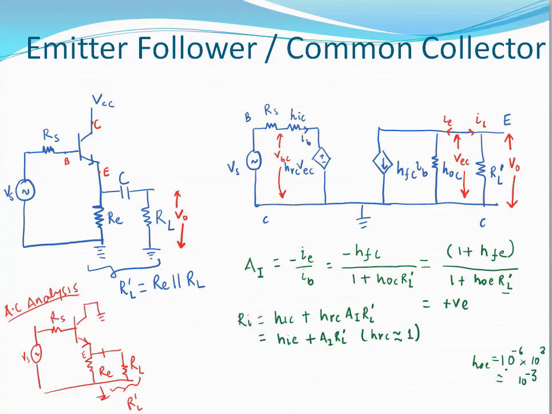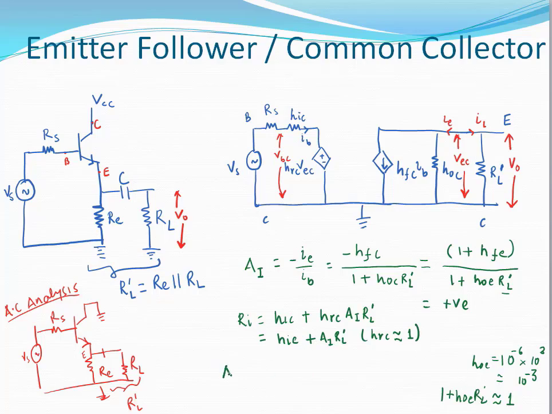So this is very less than 1, so we can further approximate HOE RL dash is nearly equal to 1, because ये 1 से काफ़ी छोटा, so we will approximate it equal to 1.